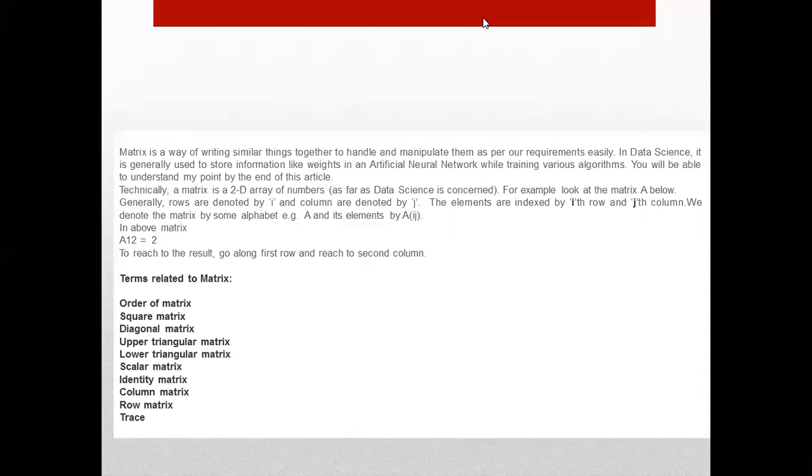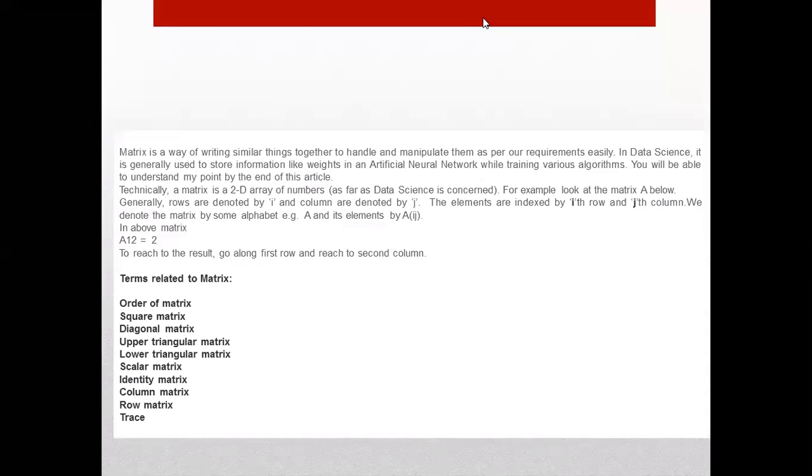So these things you must know. A two-dimension array of numbers, for example, you can refer to many matrices which are available on the internet. So you can just go through how a matrix looks like.